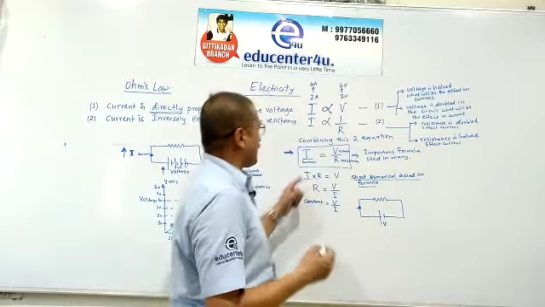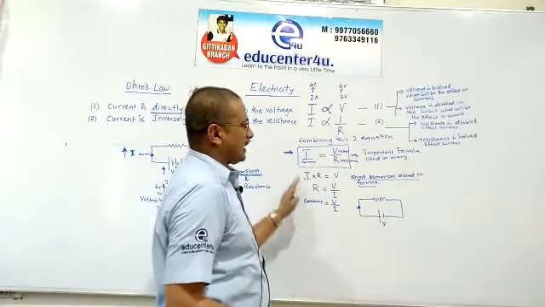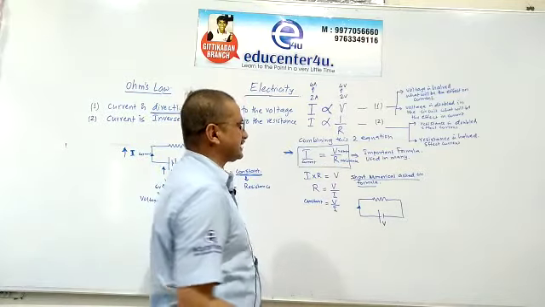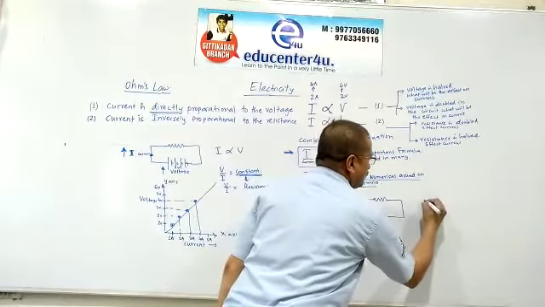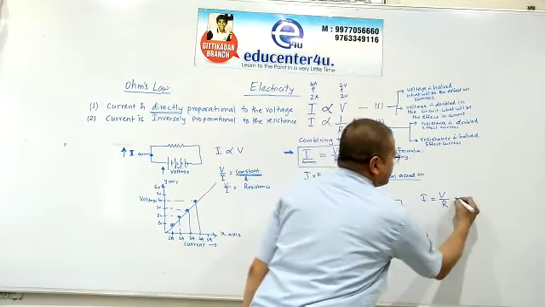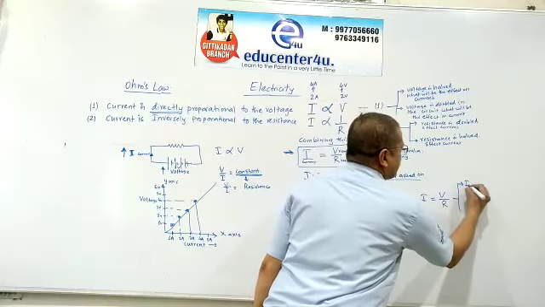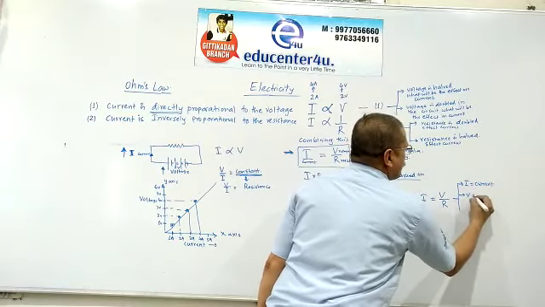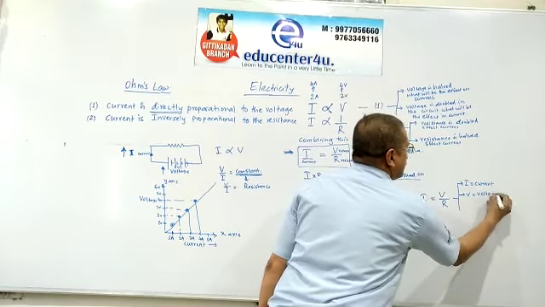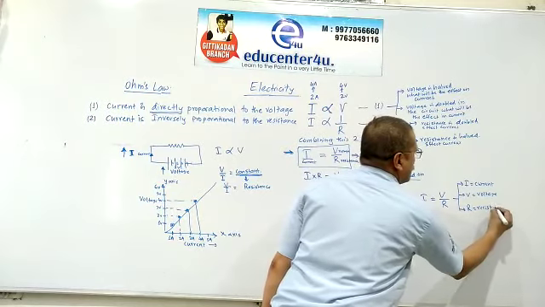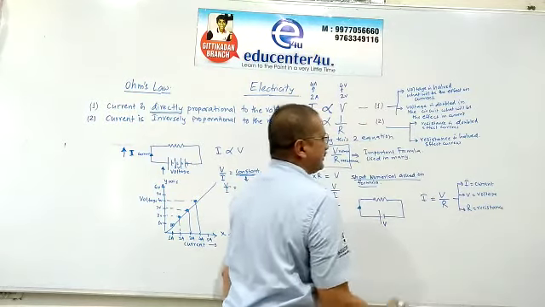And by applying this Ohm's law, you have to calculate the voltage or current or resistance out of these three things. I is current, V is voltage, R is resistance.